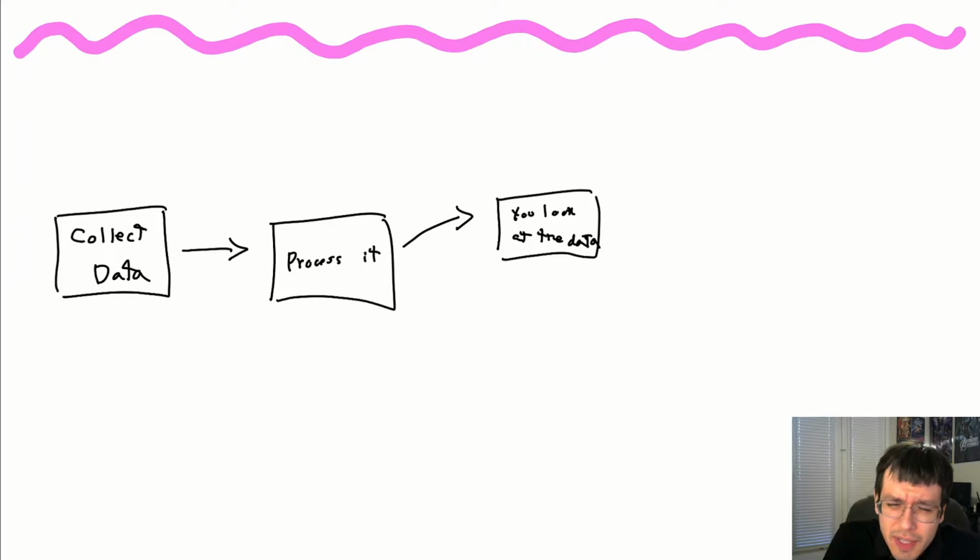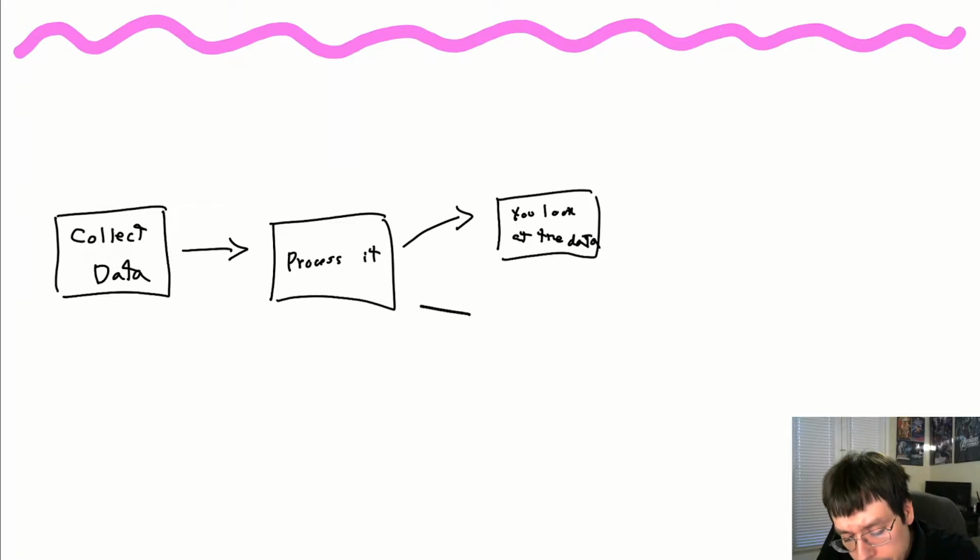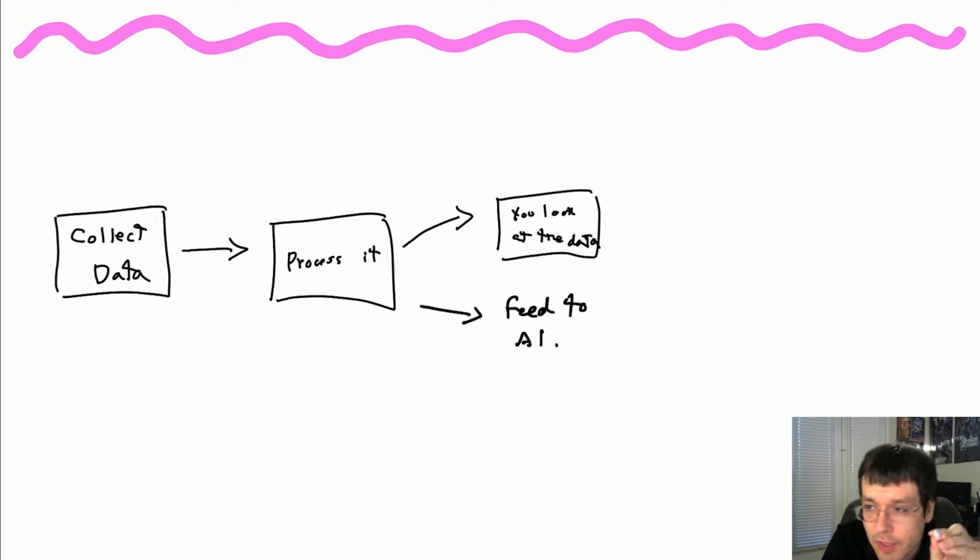So there you have to step aside from that and just look at a small piece of the data to see what you're working with. And then when you're ready to process the entire data, you need to feed it to a machine, and let the AI, artificial intelligence, which is your machine, do what you can't do or would take you a very long time to do.